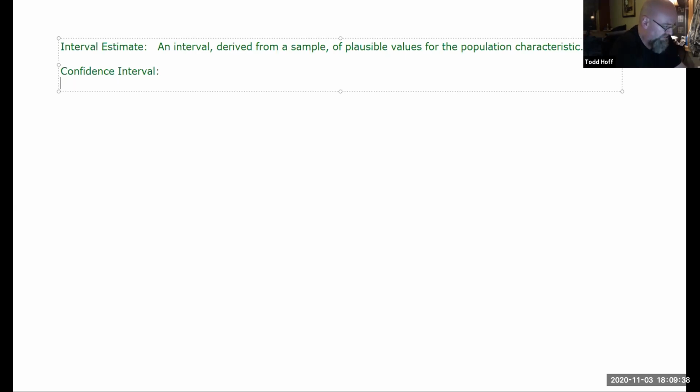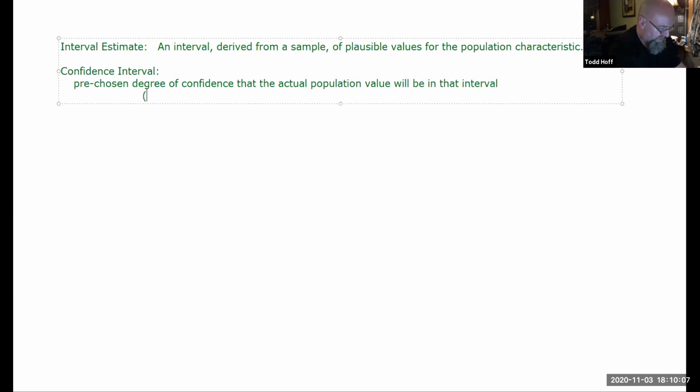So in a confidence interval, we have a pre-chosen degree of confidence that the actual population value will be in that interval.